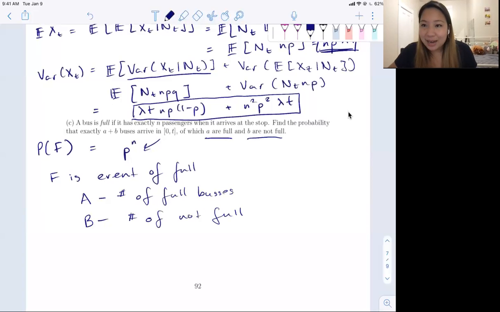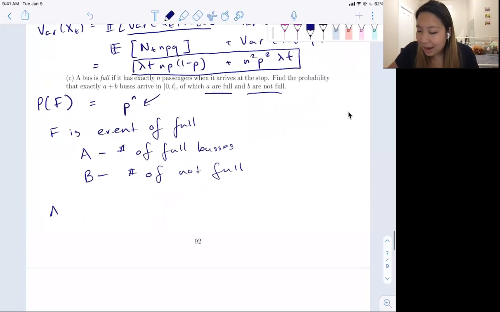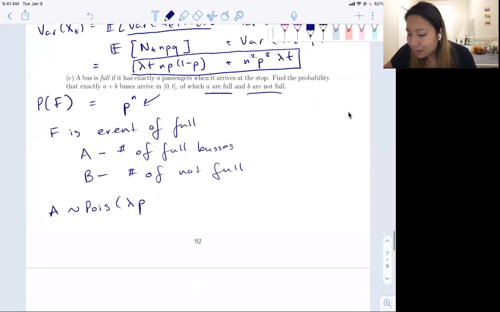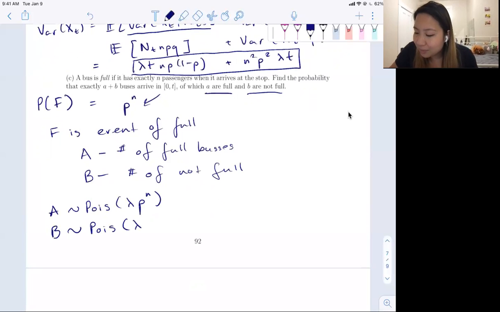By chicken egg, we know that A is distributed Poisson lambda, because that's the rate parameter we're working with, times p to the n, the probability it succeeds. B is distributed Poisson lambda times the complement, 1 minus p to the n. And we know that they're independent, so that's pretty fun.